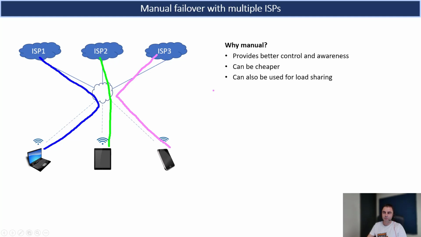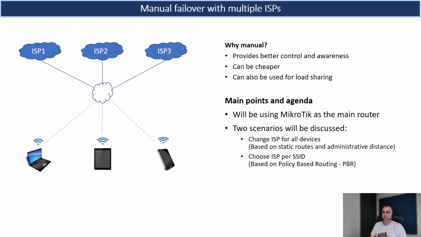This is accomplished based on different wireless networks, different SSIDs, and each SSID can be mapped to a different service provider. This can also be useful, and we are going to discuss this third part in the second video.